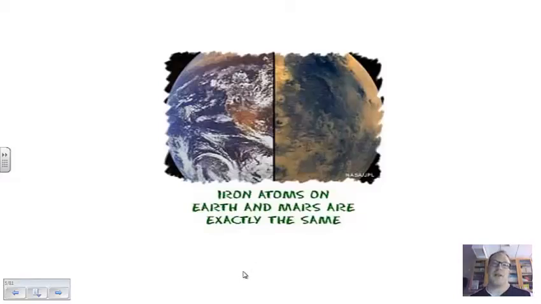Something that's interesting to note is that the matter and atoms that we can determine are part of matter are the same not only from our planet, but from other planets and substances that seem to come from not of this planet.